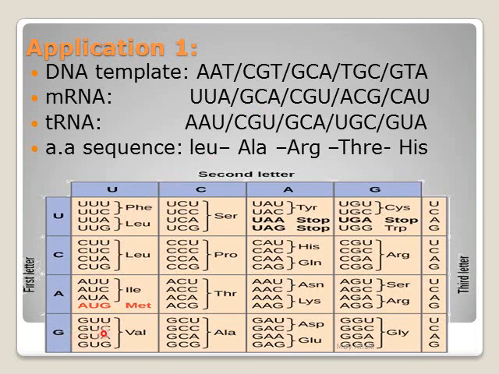G, here C, here A, GCA, so it is alanine. And you continue: arginine, threonine, and histidine. So on the messenger RNA, each triplet is known as a codon. Combine the three letters of the codon with the genetic code table in order to find the amino acid.